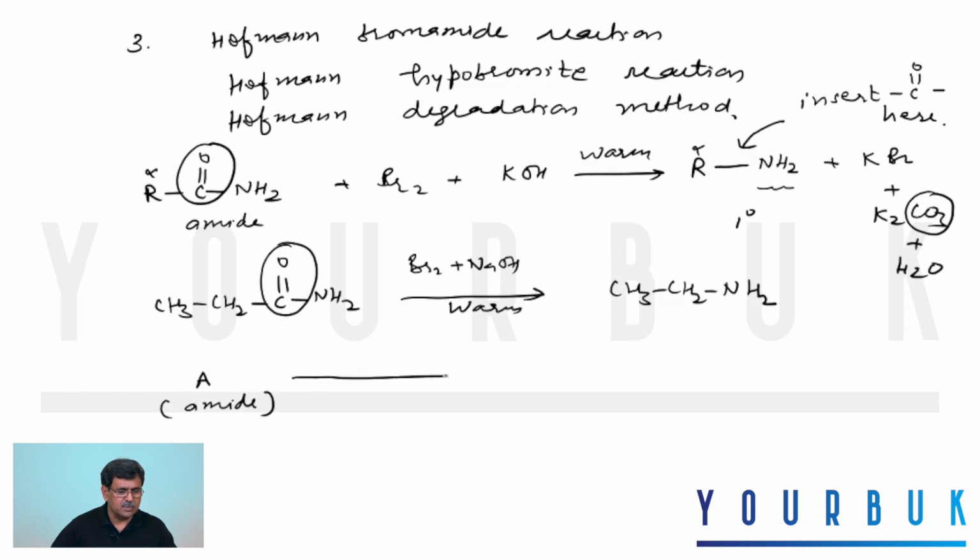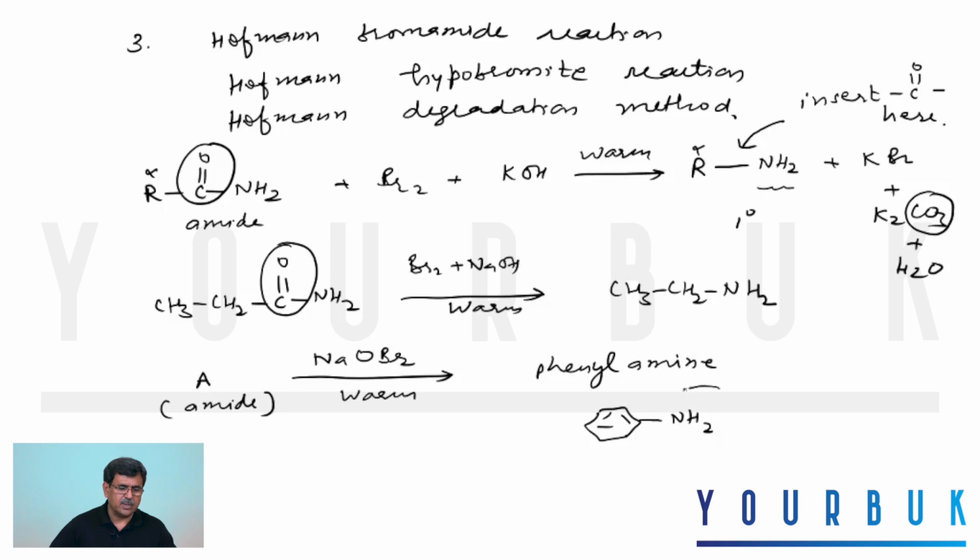And similarly, if you are given an amide A and we are treating it with sodium hypobromite, NaOBr (bromine and NaOH combine to give sodium hypobromite), it gives a product called phenylamine. Now the question is, what is the structure of the amide A? Now this is phenylamine and this is a Hofmann bromamide reaction.